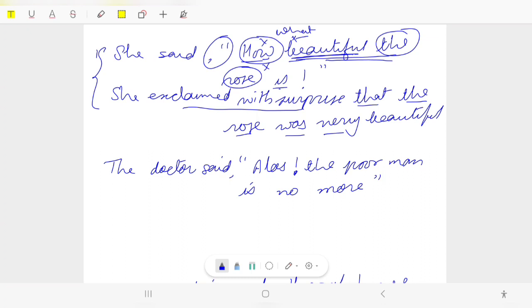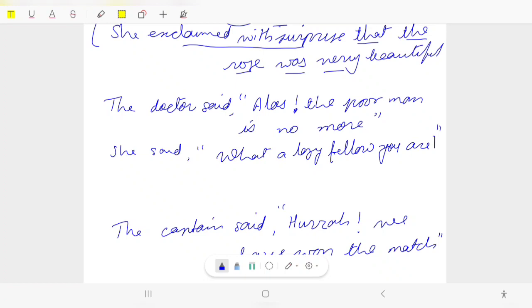Have a look at the next example having what. She said, "What a lazy fellow you are." So she exclaimed with surprise. She exclaimed with surprise. Now comma, inverted comma removed, and we will use the connector that. She exclaimed with surprise that.